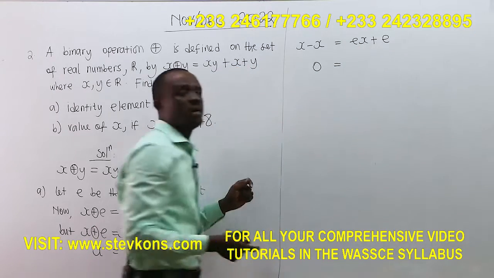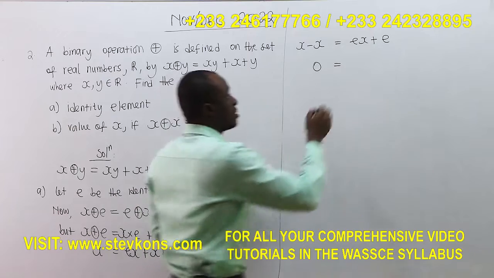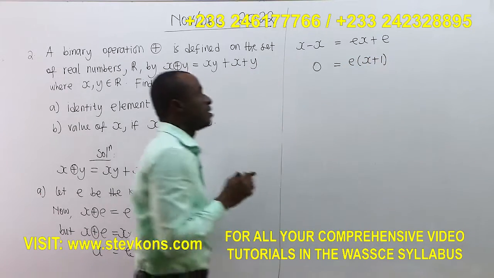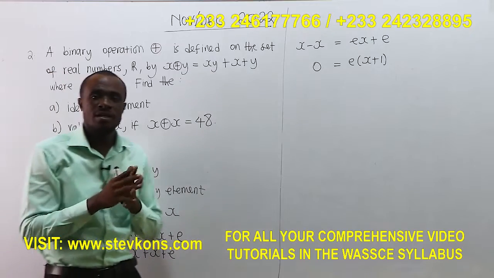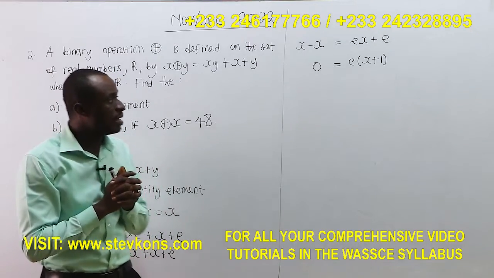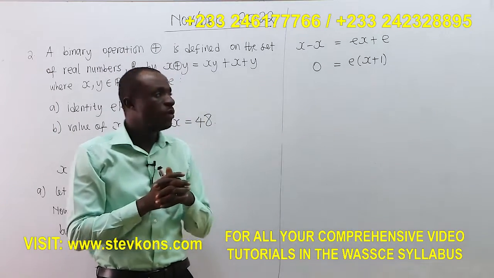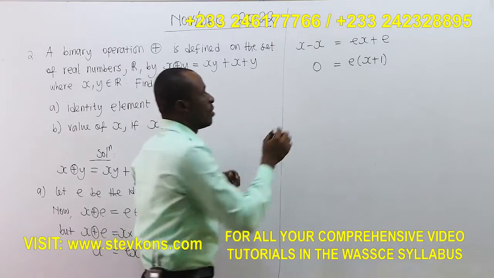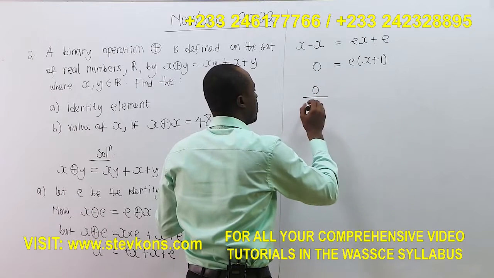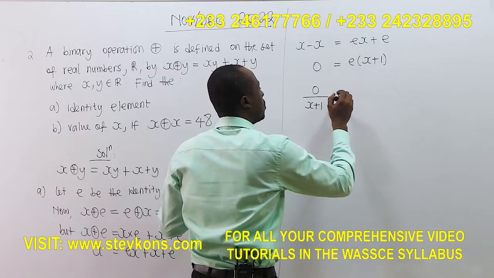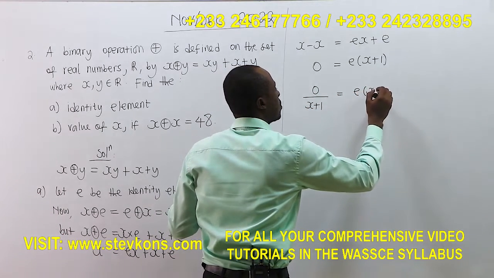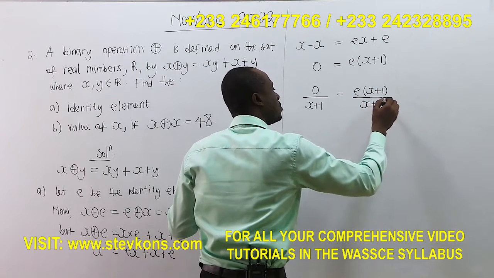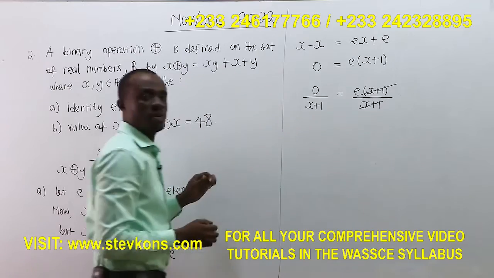What's the common factor? The common factor is e. So we factorize e out. What do you have? e times x plus 1. I want to find e, the identity element. How can you find it? You divide both sides by what is multiplied with the identity element, which is x plus 1. So you have 0 over x plus 1 equal to e times x plus 1 over x plus 1. x plus 1 cancels out x plus 1.